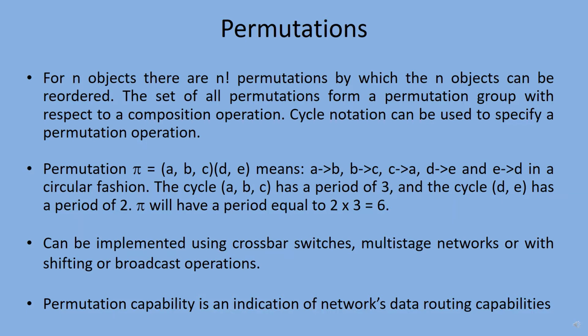So the total permutation period of pi will be equal to 2 times 3, that is 6. This can be implemented using crossbar switches, multistage networks, or with shifting or broadcast operations. Permutation capability is an indication of a network's data routing capabilities.